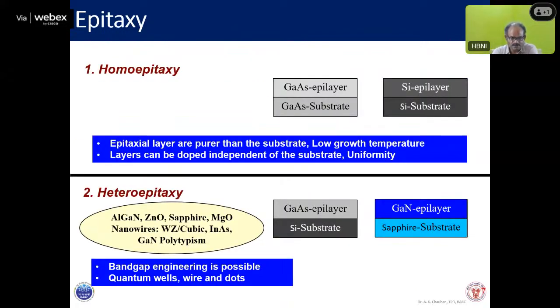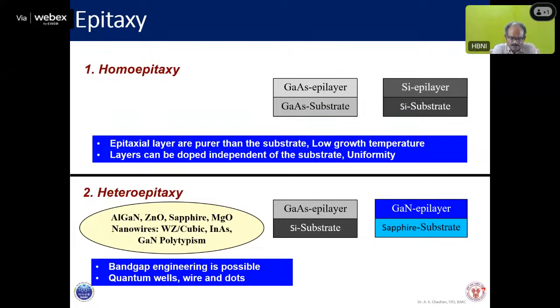So epitaxies are of two types. One is homoepitaxy, another is heteroepitaxy. In homoepitaxy, the substrate and epi layer are of the same material, like you are depositing a silicon layer over the silicon substrate only, or a gallium arsenide layer over the gallium arsenide surface or any other layer.